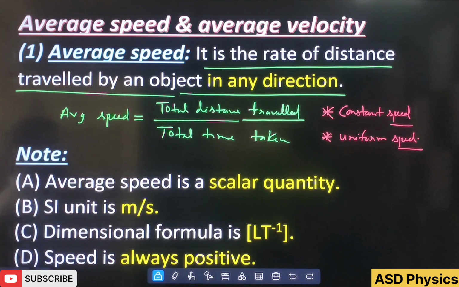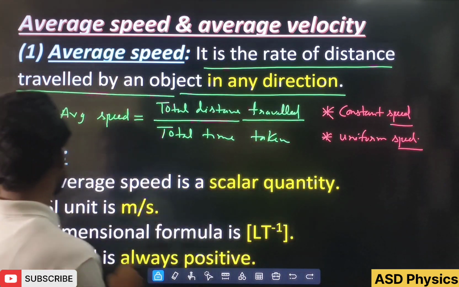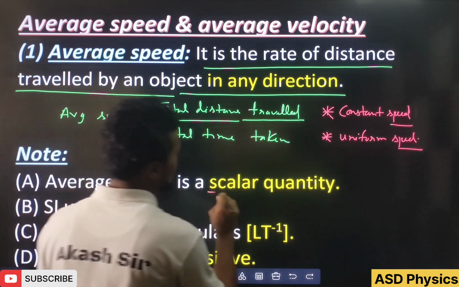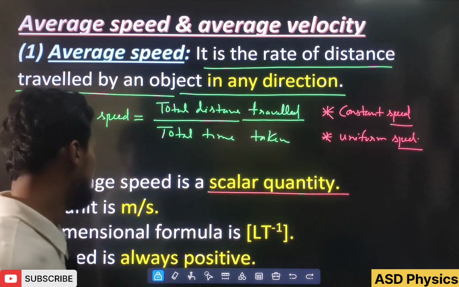So remember that average speed is the total distance traveled by total time taken. Similarly, note the important points. Can you see very well? Average speed is a scalar quantity and it will always be positive. We will see that here.